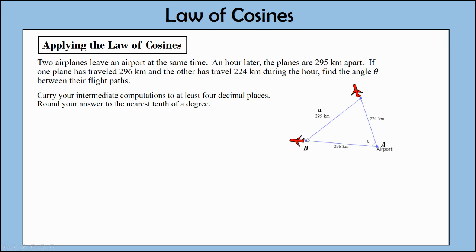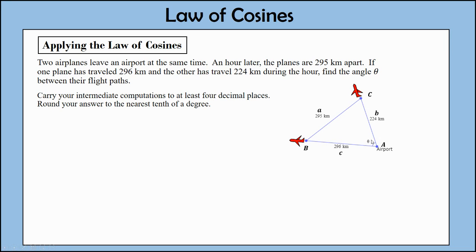So I'm going to call this plane down here vertex B. That makes this side opposite it lowercase b, side length b. This plane I'm going to call C. This opposite side then is the lowercase c, representing the length of this side. So by doing that, I'm very clear on what point we're looking for and how we're trying to solve this.